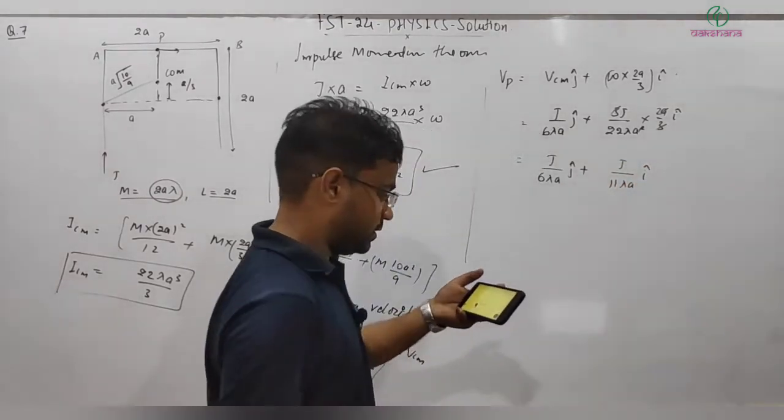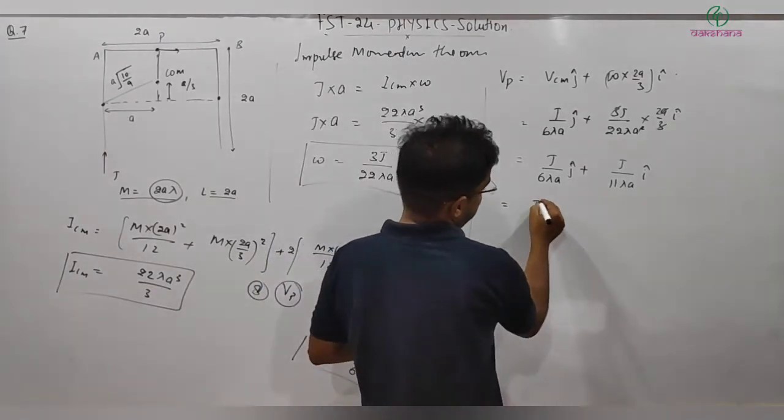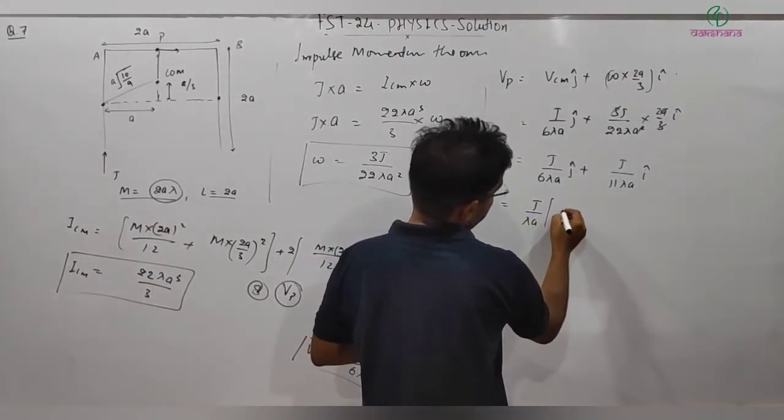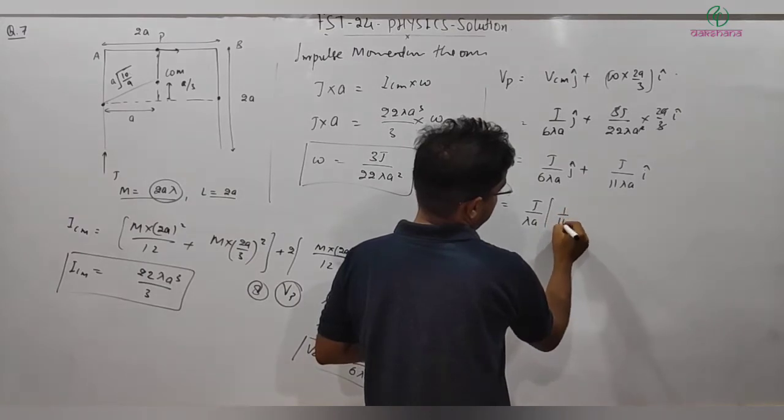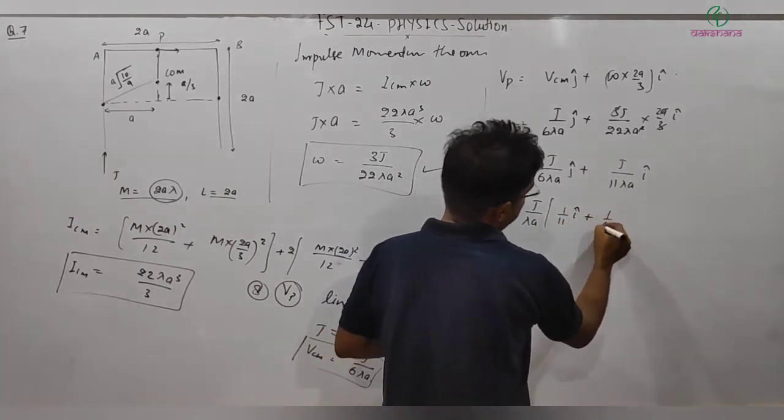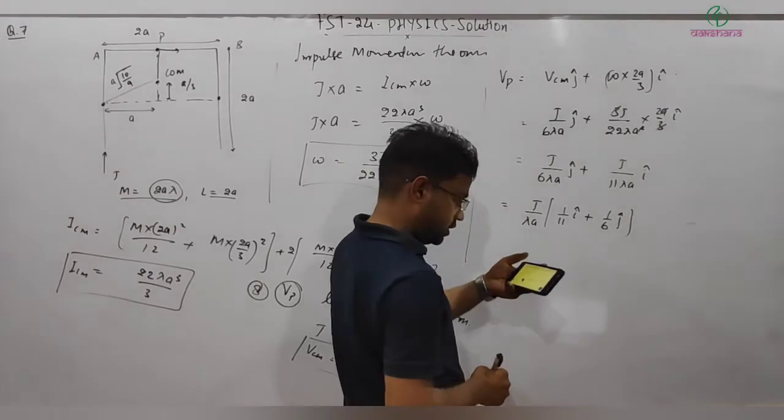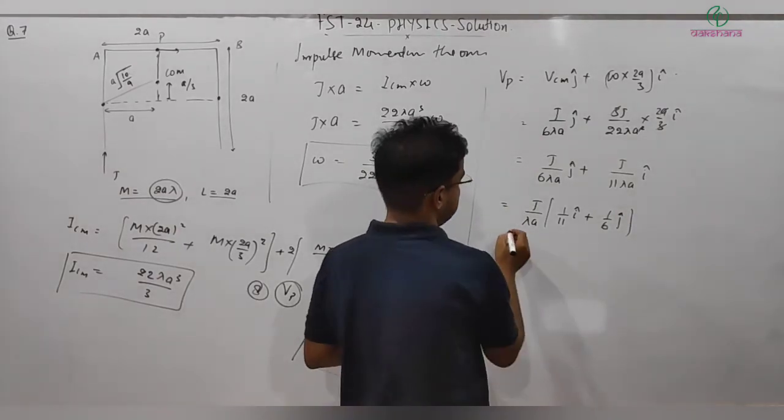J by lambda a can be taken out: 1 by 11 I cap plus 1 by 6 J cap. Any option that matches this is option D.